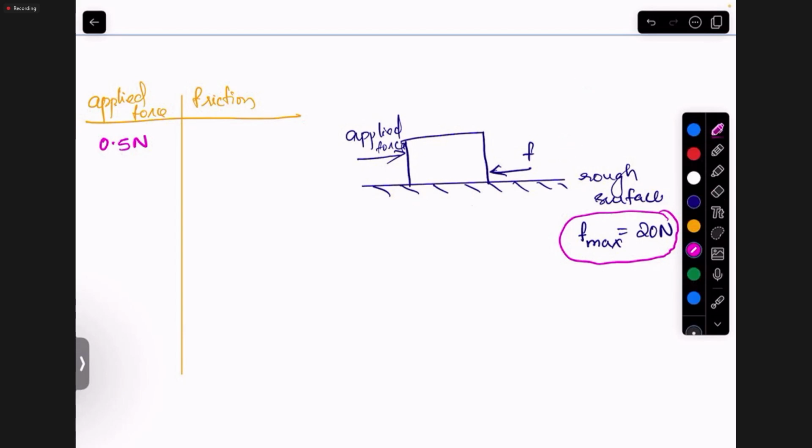The block is at rest and you are applying 0.5 Newton, so friction will also provide 0.5 Newton to counter the motion.